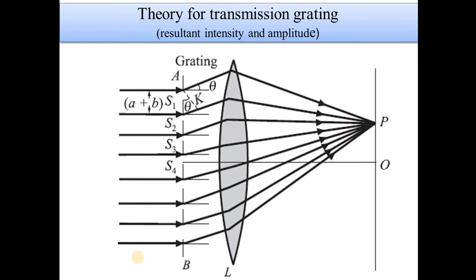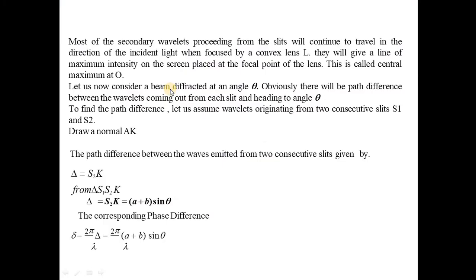This is the enlarged picture, and this is the slit S1, this is the slit S2, and each of these regions is A plus B. Most of the secondary wavelets proceeding from the slits will continue to travel in the direction of the incident light.